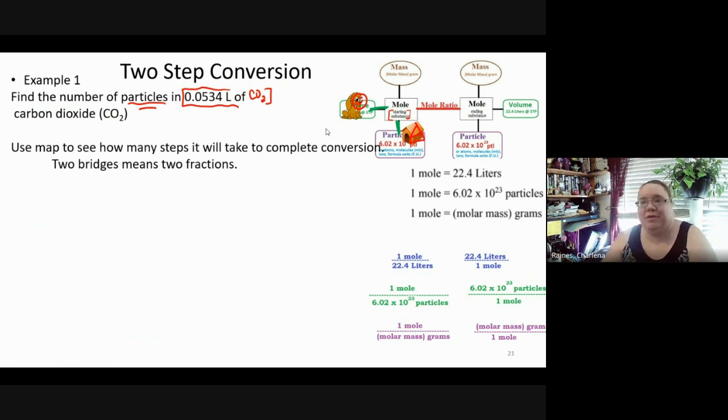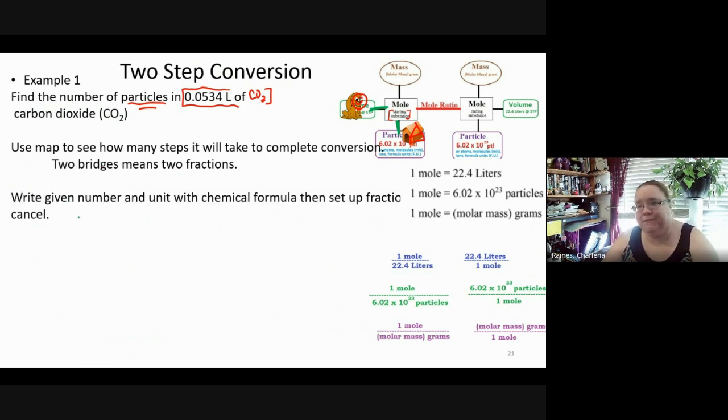So we're going to set up our conversion. The first thing that we got to write is the number from the prompt. I know it's going to pop up again in just a second. I don't want to have to erase it. So we're going to put it here. 0.0534 liters of CO2.